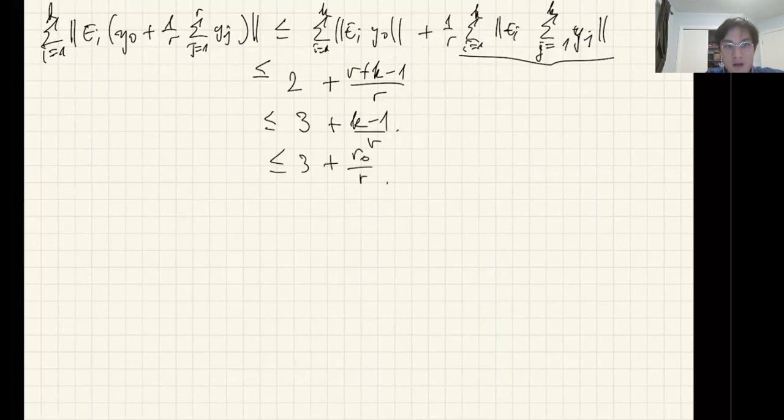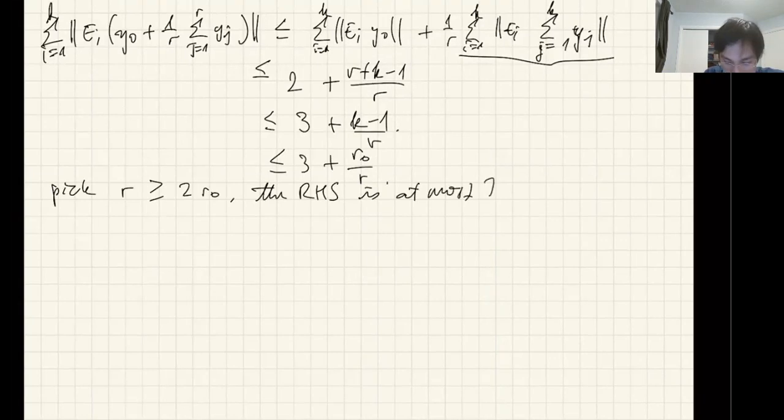Okay, so now all we need to do is pick some r greater than 2 r_0, and so the right hand side is at most 7 over 2. So this becomes a half, is at most a half, and so you get 7 over 2 here.